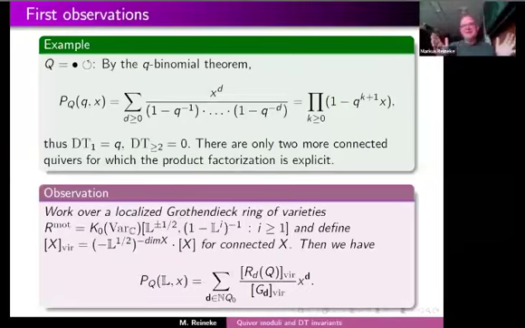Of course, it's clear that this is a very dangerous thing to do and that we are losing lots and lots of information, because in the Grothendieck ring of varieties, we know that the Lefschetz motive is actually a zero divisor. And now we are localizing at this zero divisor, meaning we are implicitly taking a huge quotient. So we are losing lots and lots of interesting information about motives.